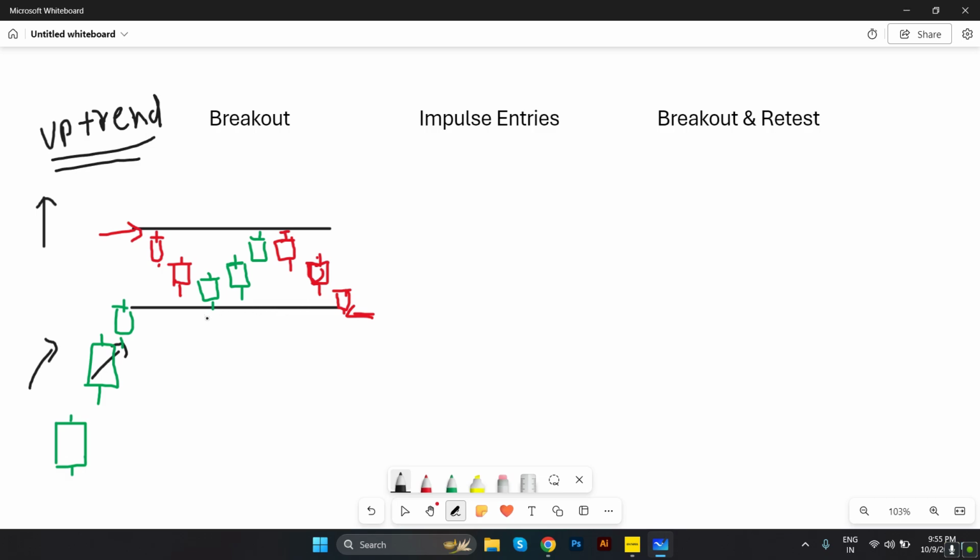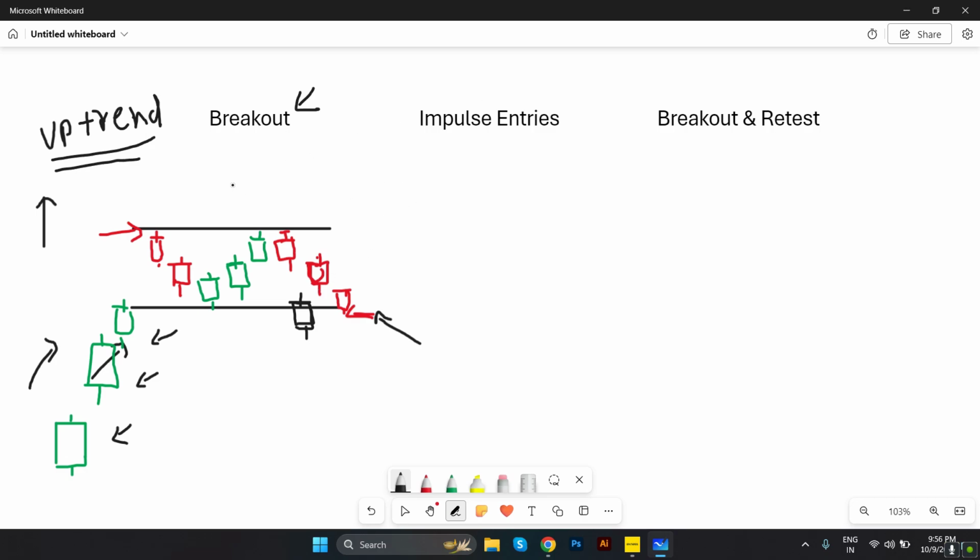There are ways that you can look for sells in an uptrend, but for that all you have to do is wait for a candle to close below this area, and you have provided this clean range for price to push down, and then you can take a sell. This is what we call a breakout entry.